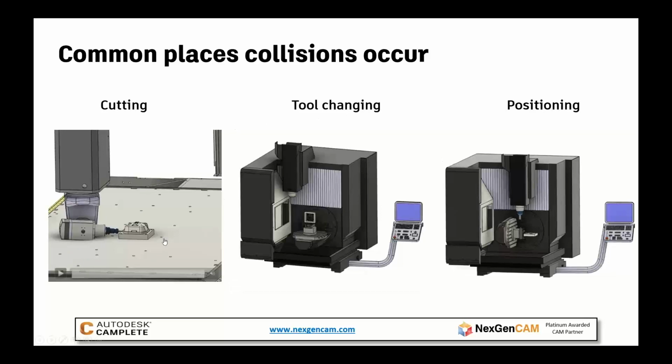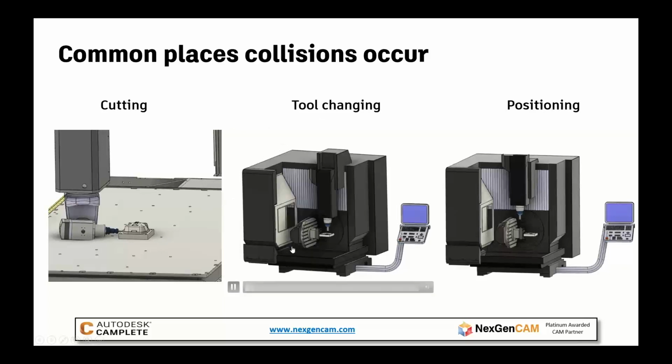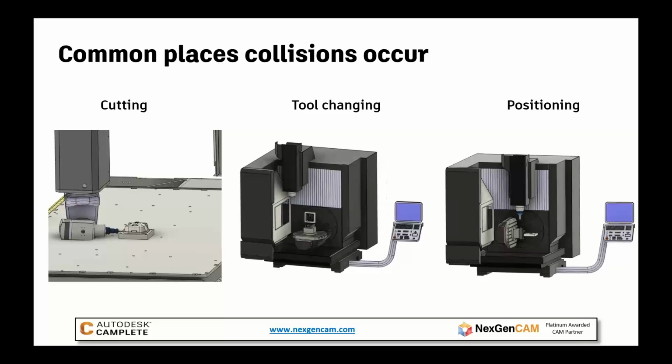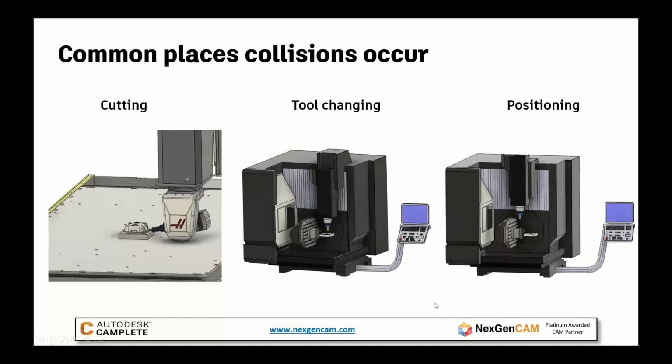Whether that happens during the cutting motions, as we can see here, where there's some interference between the spindle and the table, whether those movements are happening during the tool change position, where the CAM system simply assumes that the tool will start at the next position, or during those positioning moves where, again, the CAM system is not necessarily looking at the same behavior as the machine actually would.